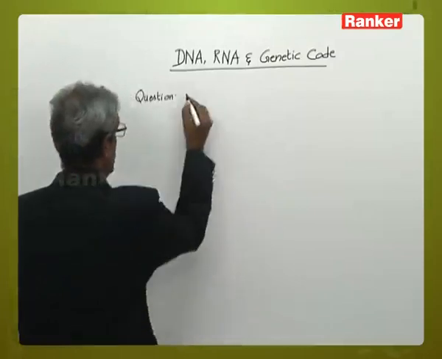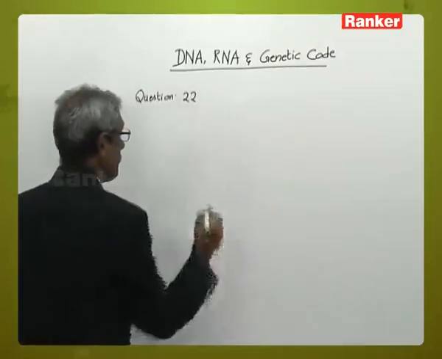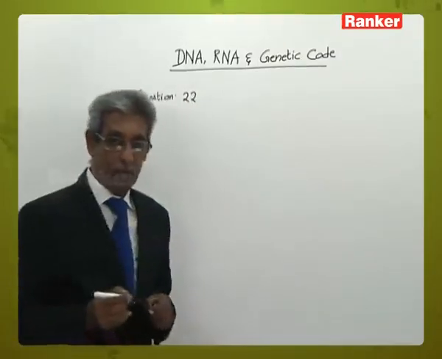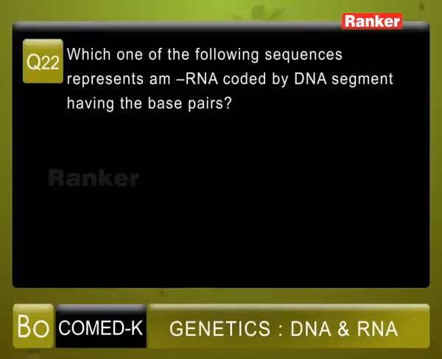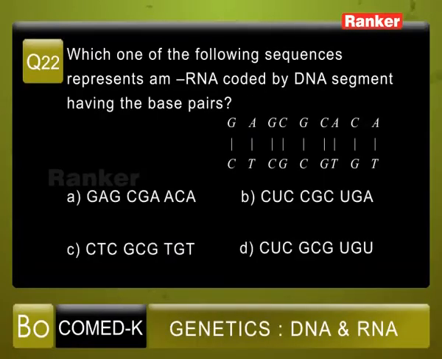When you take question number 22, it says, which one of the following sequences represents the mRNA coded by a DNA segment having the base pairs GC, AT, GC, GC, GC, CA, AT, CG and AT.